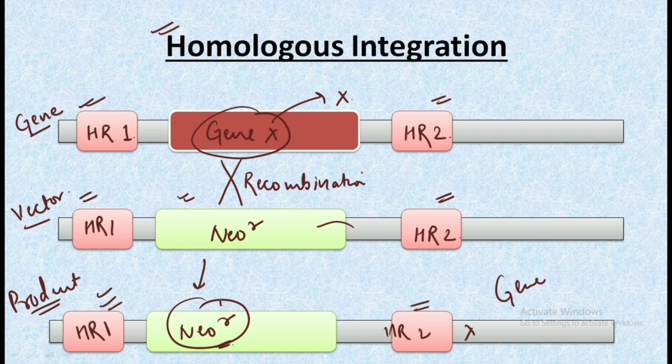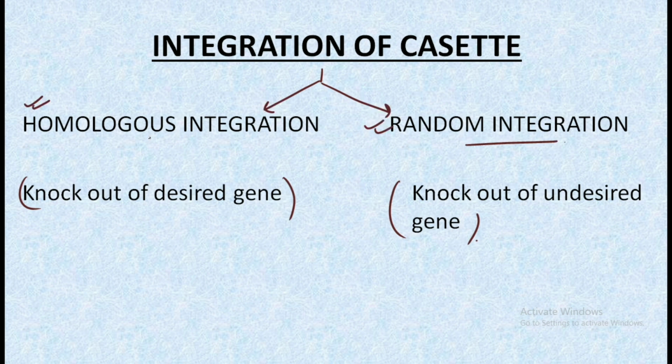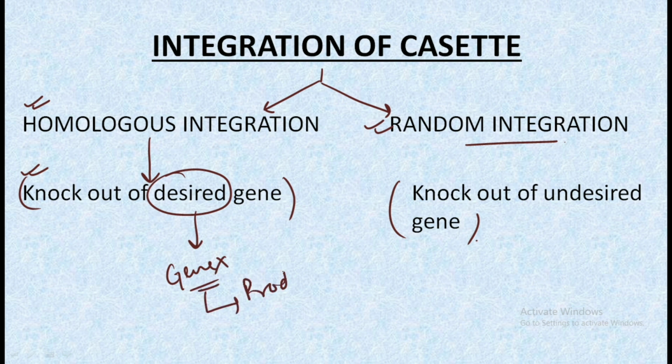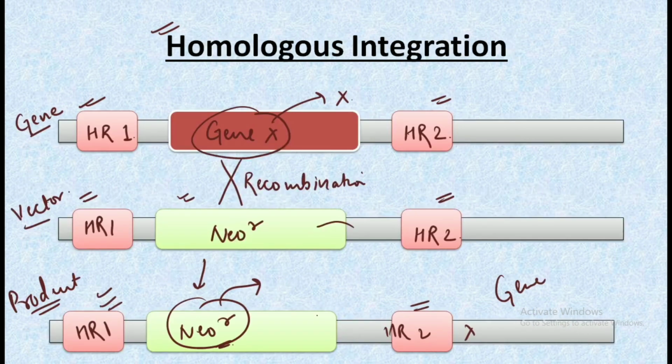So this neomycin resistance gene would be the result of this homologous integration in which the knockout of the desired gene occurs. You can see that in homologous integration, the knockout occurs because this was gene X that we had focused upon, and in the product gene X is eliminated and the neomycin is inserted into that place. So this was about homologous integration.